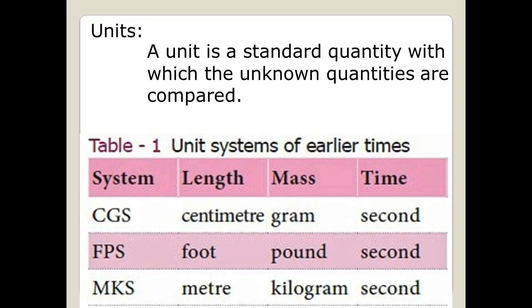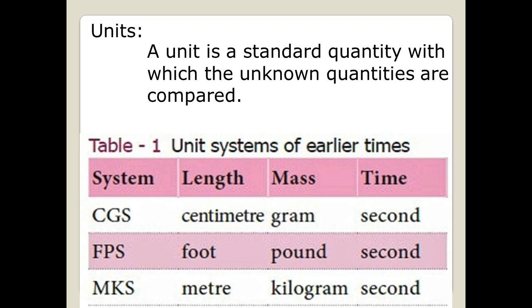Let's see the topic of units. A unit is a standard quantity with which the unknown quantities are compared. In earlier times, scientists of different countries were using different systems of units. Such units are the CGS system, FPS system, and MKS system. In the CGS system, centimeter is the unit of length, gram is the unit of mass, second is the unit of time.